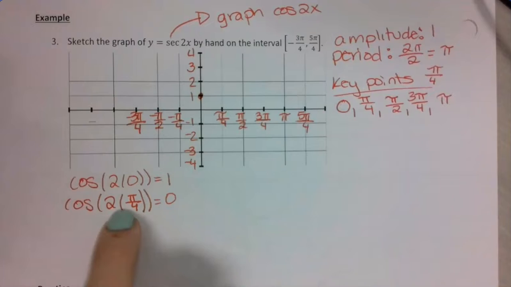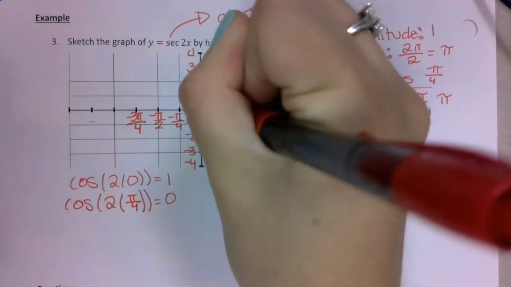Remember, it's 2 times pi fourth that you're typing in the calculator. Then I plot this point.